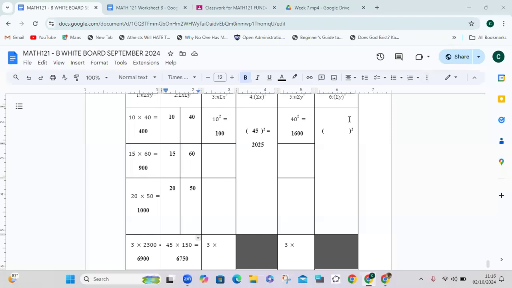So therefore we have added the x values 10, 15, 20, we get 45. We added the y values 40, 60, and 50. We get 150. Now we multiply 45 by 150. We get 6,750.